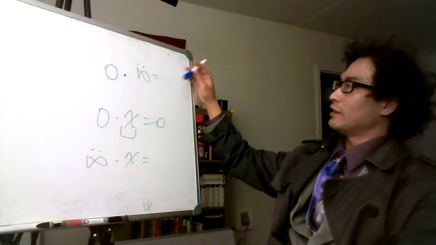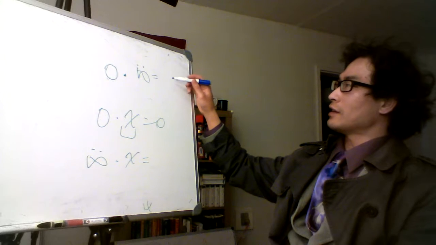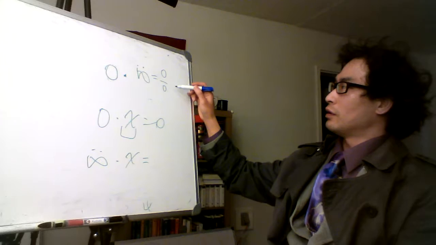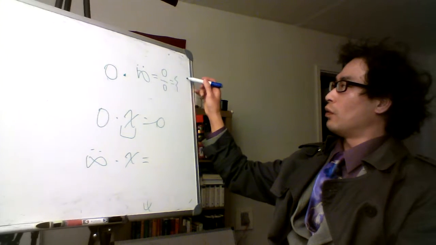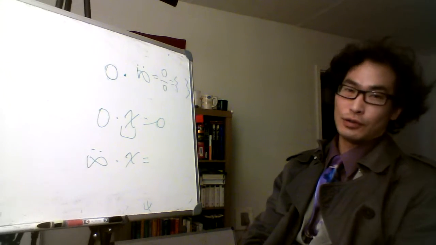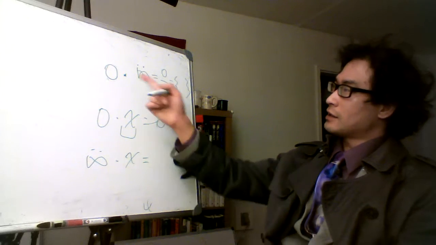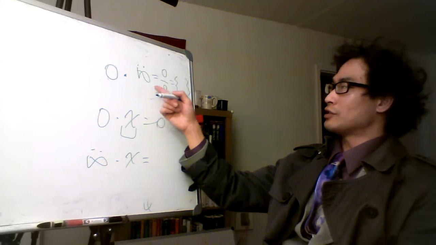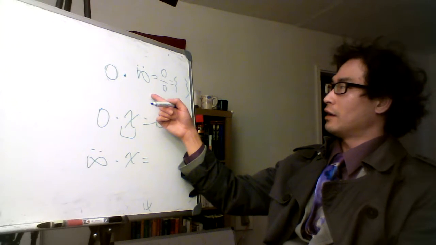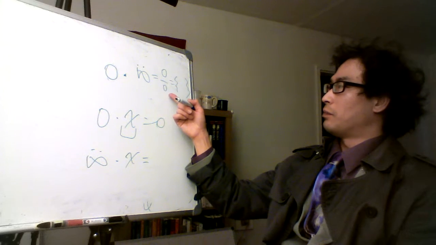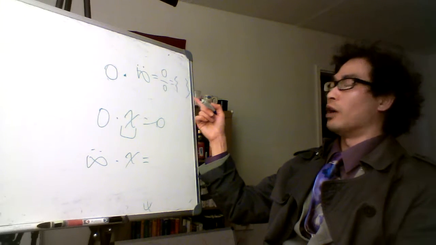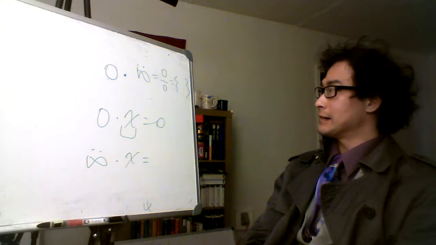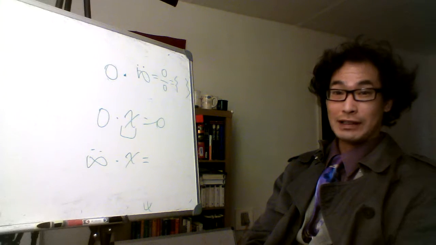What is the infinity constant? It's 1 over 0. So it becomes 0 over 0, which is equal to the set of all numbers. One special constant multiplied by the other special constant gives birth to the set of all numbers. It's something very magical.